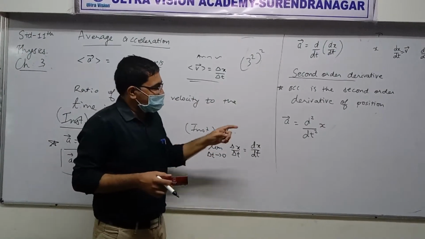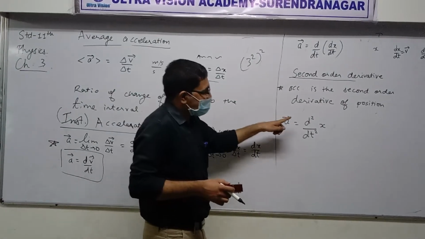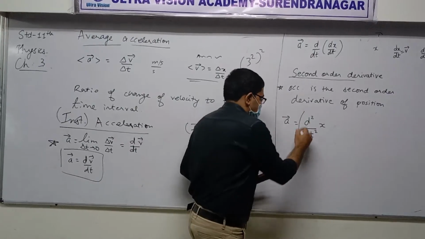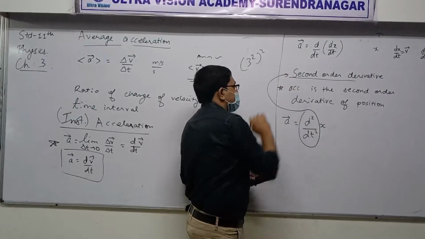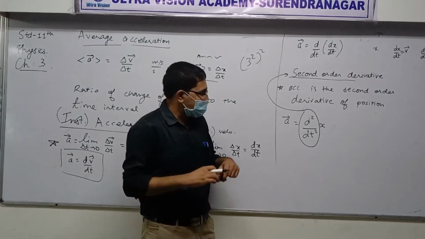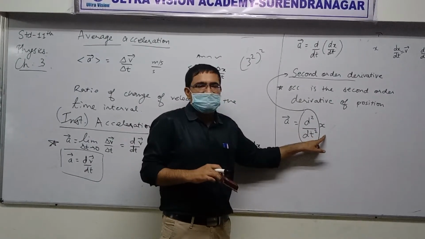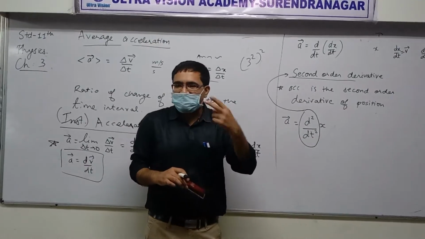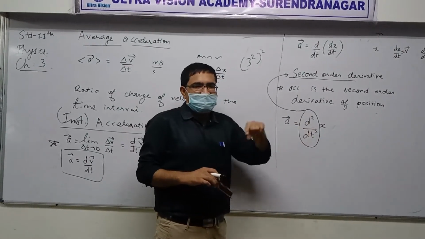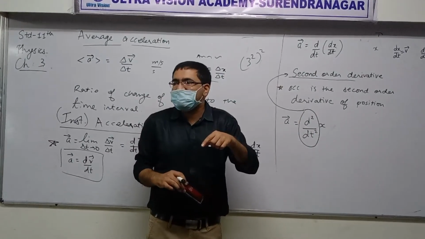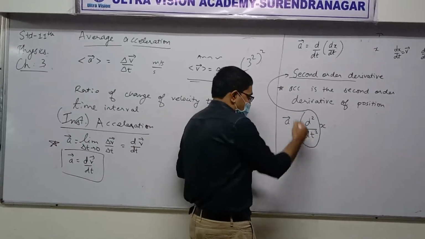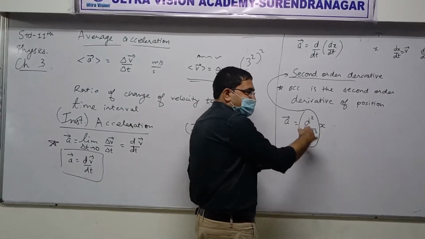So just like that, if someone says acceleration is d square x by dt square, the symbol has no meaning by itself, so this symbol means the second order derivative. What does that mean? You do differentiation of x, how many times? 2 times, back to back. Do it once and you get velocity, do it again and you get acceleration. Did you get that? Okay. So this symbol, it's a mathematical symbol.